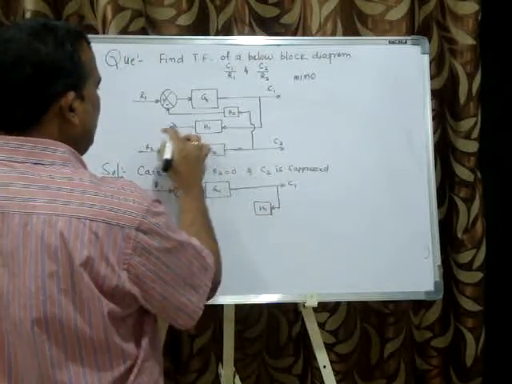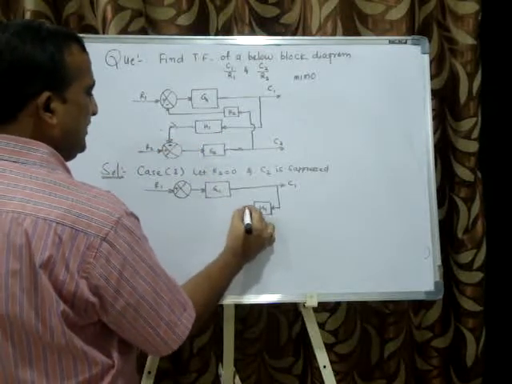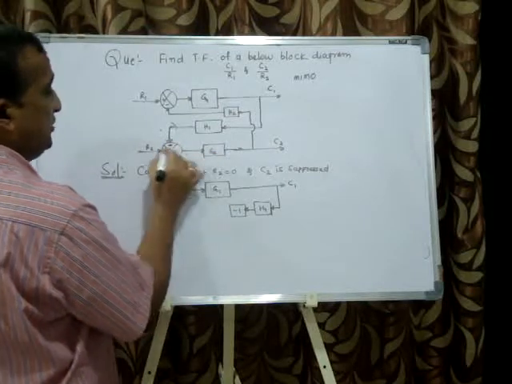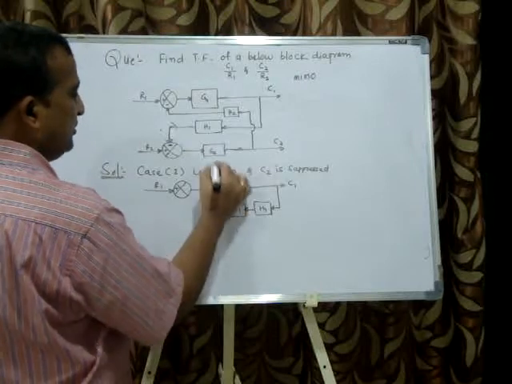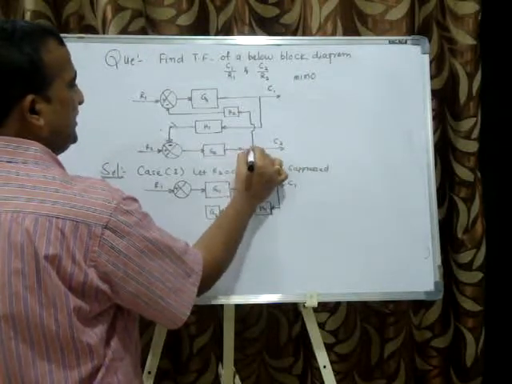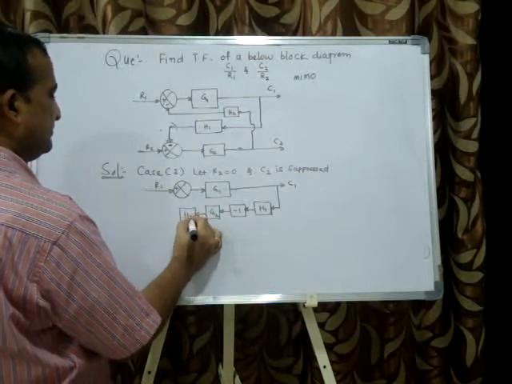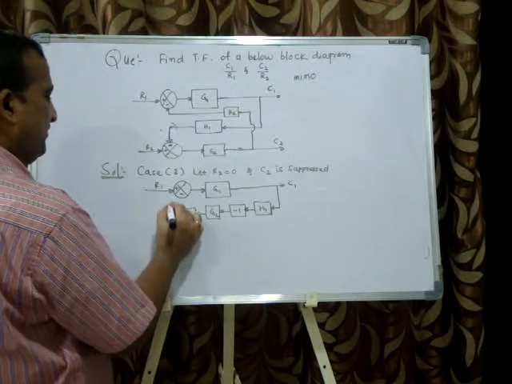When it goes to H1, that is a minus sign, nothing else is there, which means minus 1. Because R2 is 0, it goes to 0 and is suppressed. It goes to H2 now. It goes to H2 through a minus feedback.